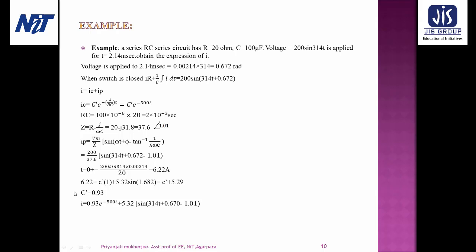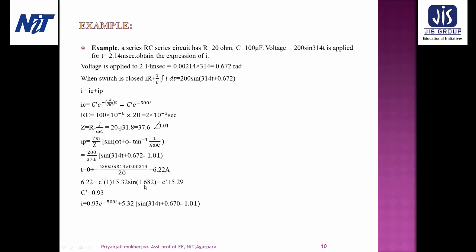So if we put this value, i is equal to i_c plus i_p, where i_c is C dash into e to the power minus 500t. When t becomes 0, the exponential part becomes 1, so it becomes only C plus this term, which is 5.32 into the sine of this angle.